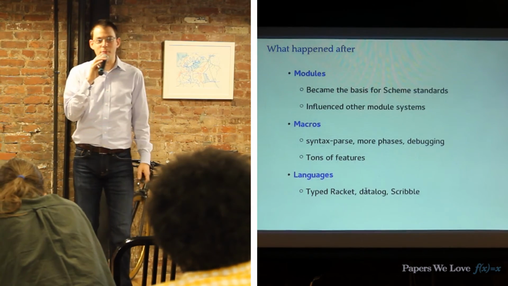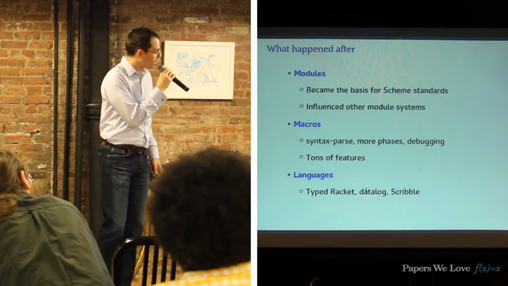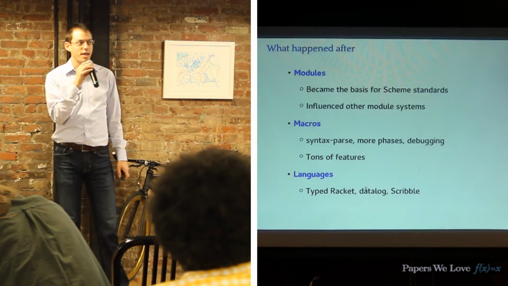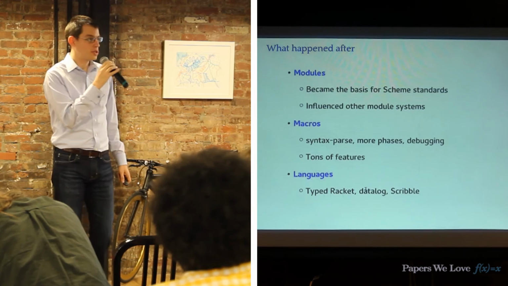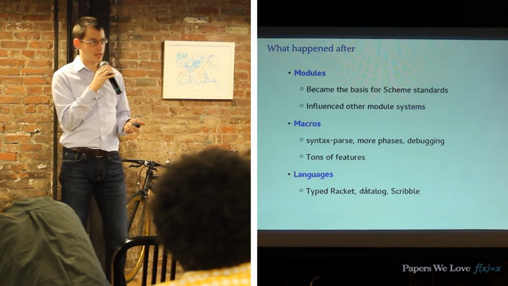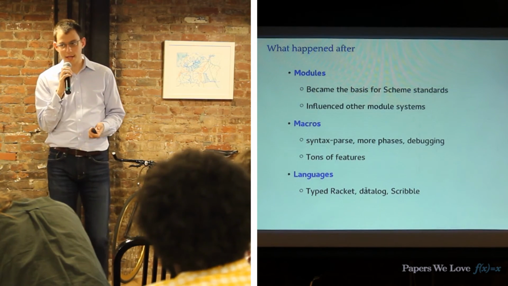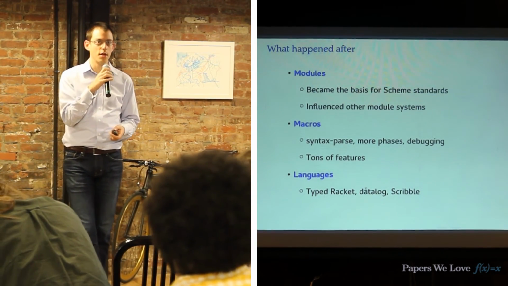So that's the end of Matthew's talk. So we can all be thankful to Matthew, and I want to talk a little bit about what's happened since then. So the module system that I just presented is basically the module system that's in Racket today. Some of the details of the syntax are different.